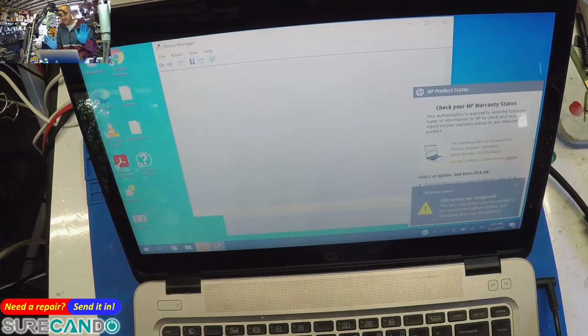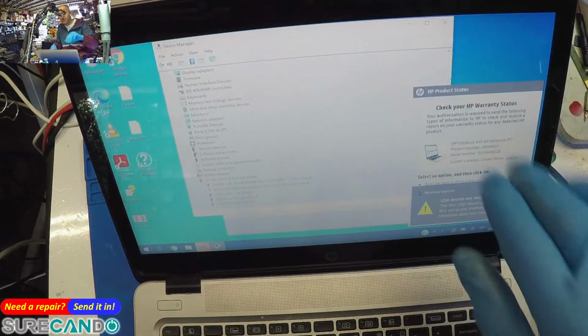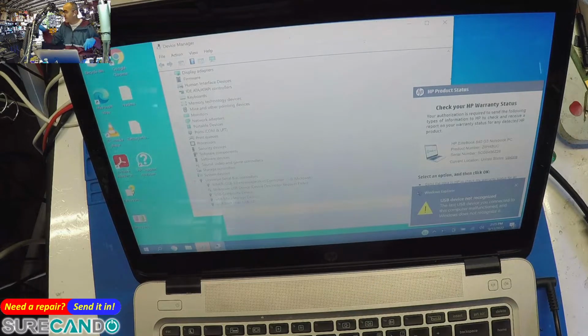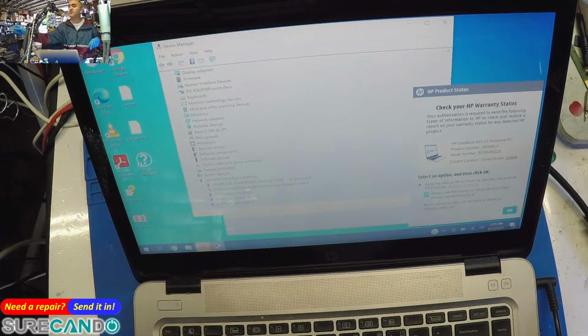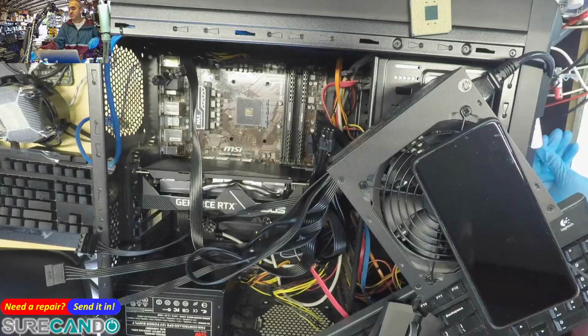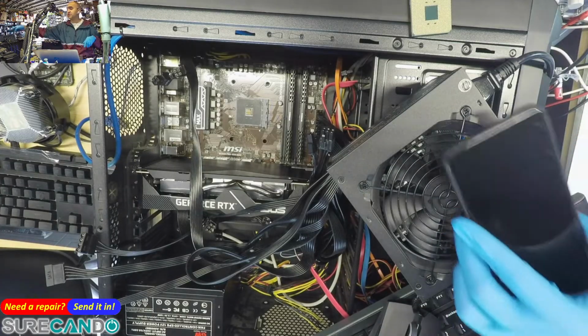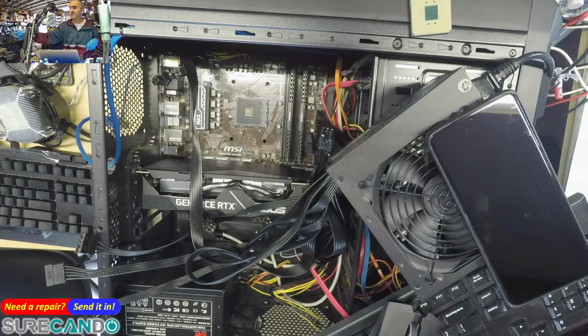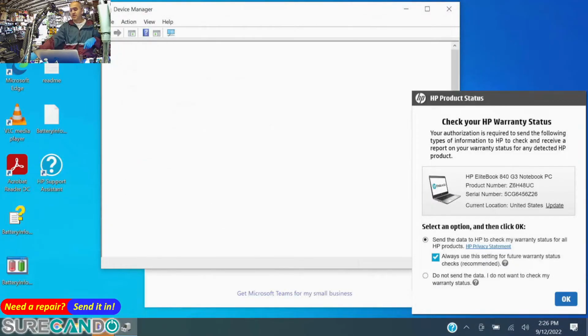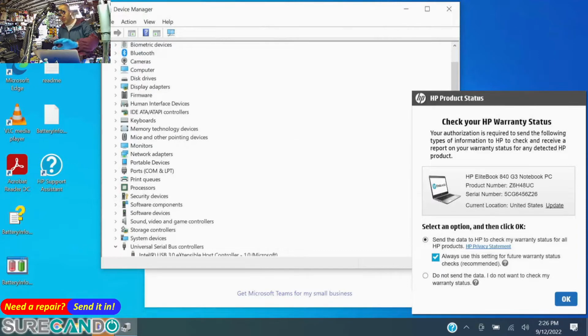Oh, here we go. There we go. Connect to second screen. And that's me without touching it. Oh, wrong camera. Yeah, I'm not touching it. It's doing it by itself.